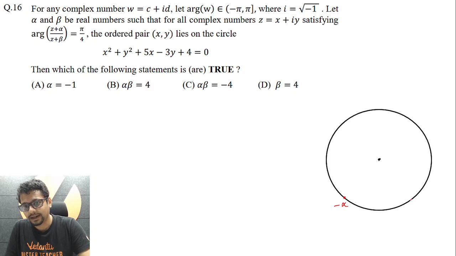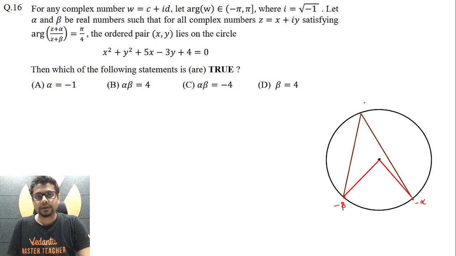So here, let this be minus beta and this be minus alpha. This chord with the endpoints represented by minus alpha and minus beta subtends pi by 4 angle at the periphery of this circle, and z lies on the major arc of the circle.